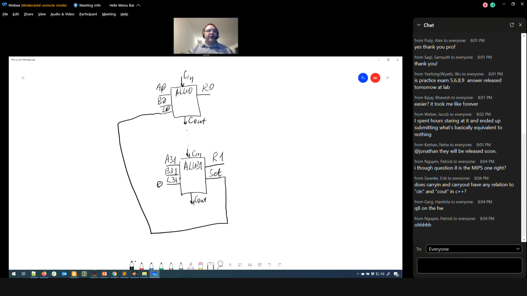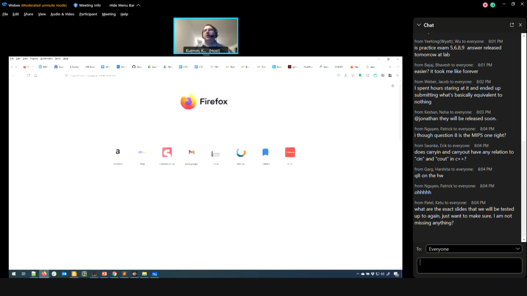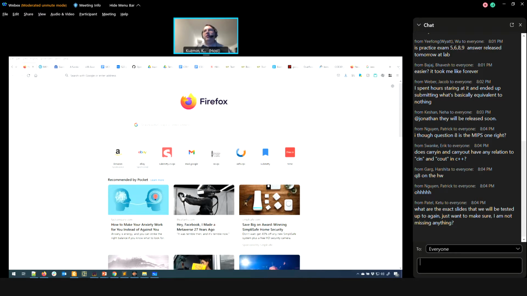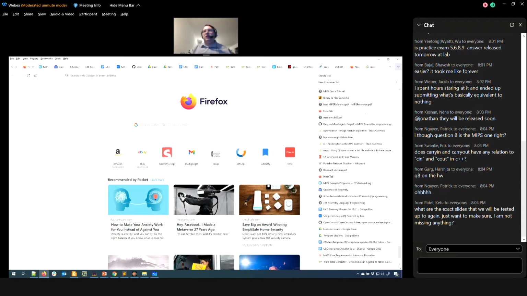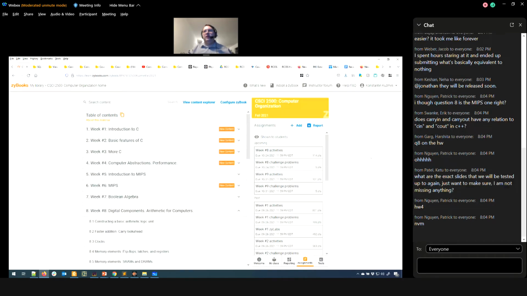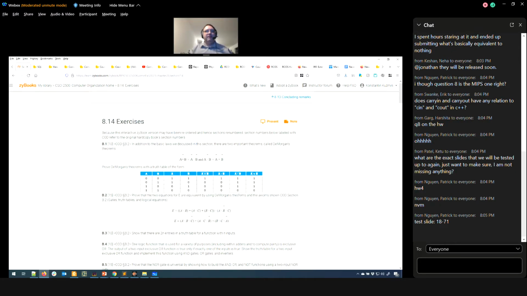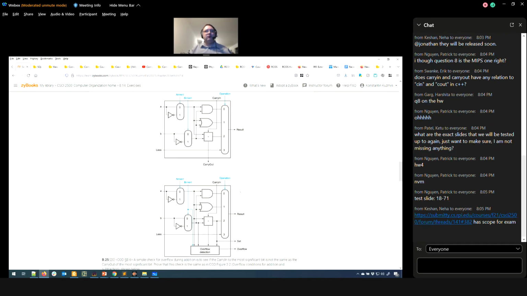Okay, so let's go back to our zyBooks and make sure that I didn't miss anything and that this is all that we have. In the problem, C in. Oh, okay. We need control signals, so we have A invert, B invert, and operation, and then we need overflow.